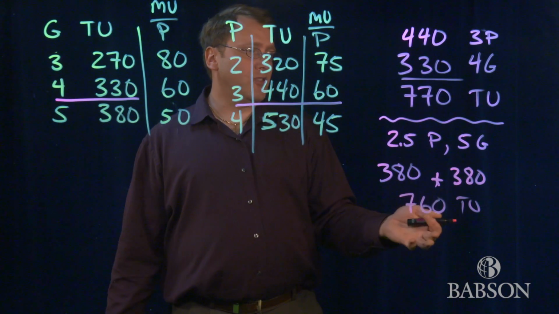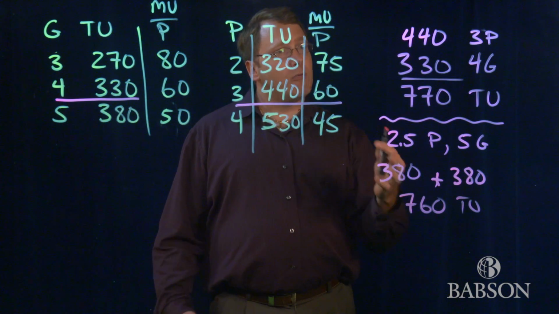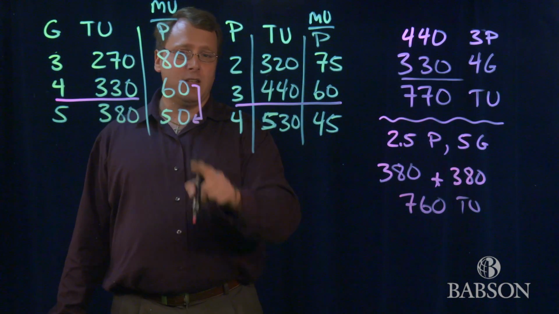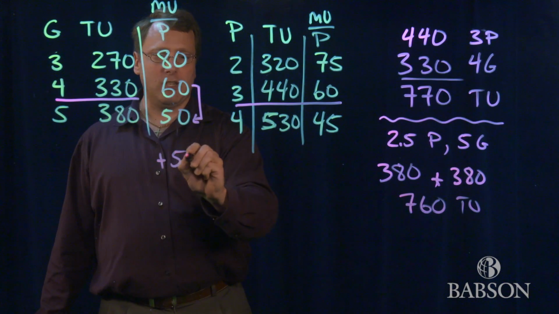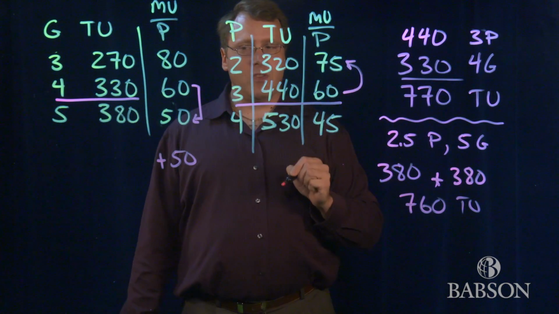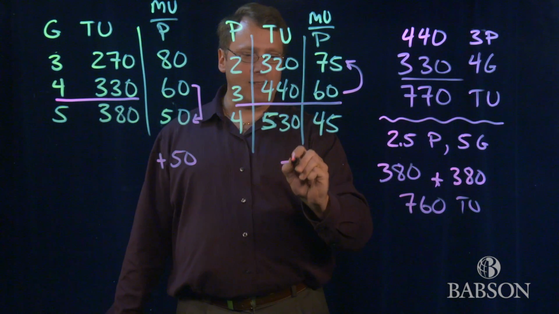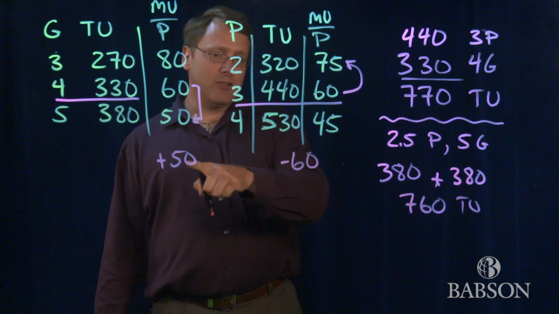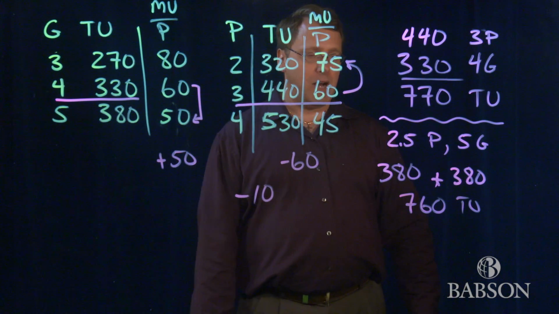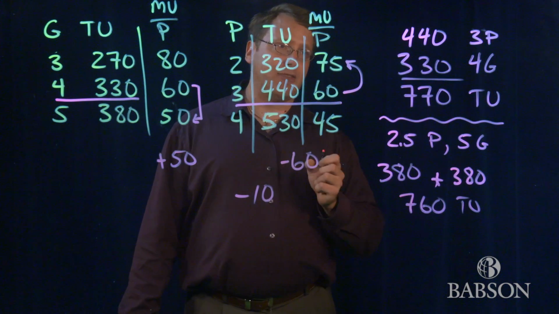And that is smaller. We didn't actually have to go through all of that process to get there. What you'd see is, as we go from 4 to 5, we gain the marginal utility. Over here, as we go from 3 to 2.5, we actually lose that 60 units of utility. So we gain 50, lose 60. That's a net change of minus 10. And you'll see our total utility went from 770 to 760.